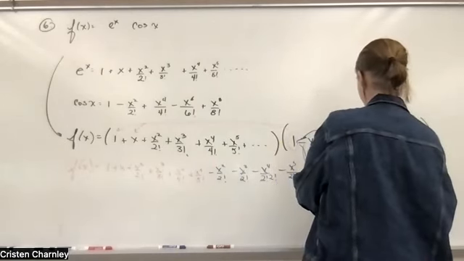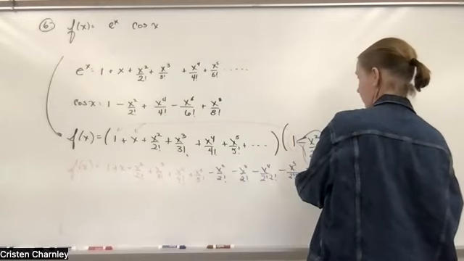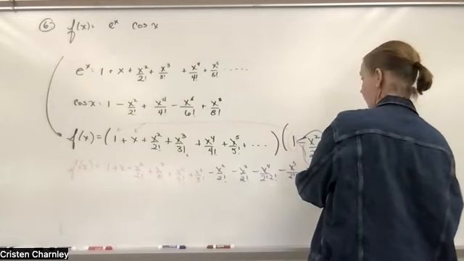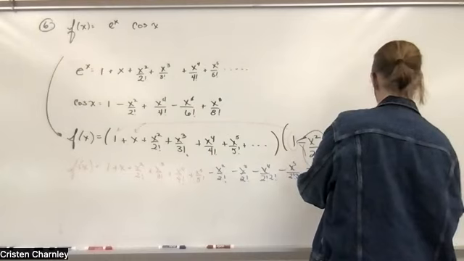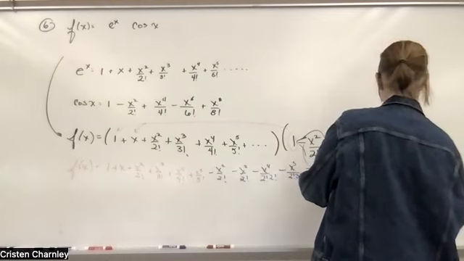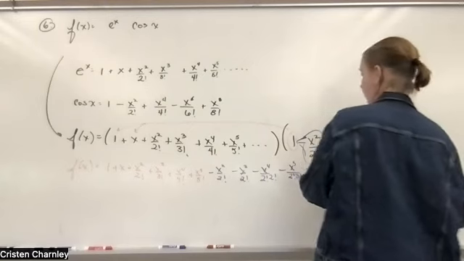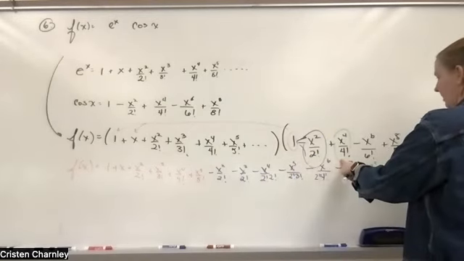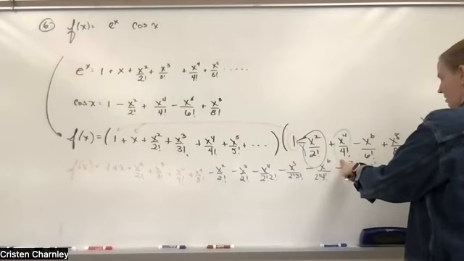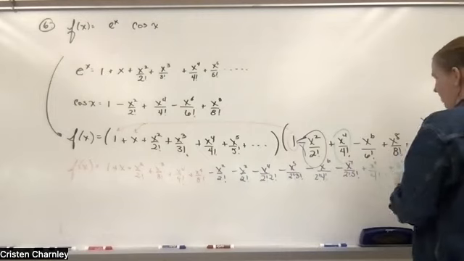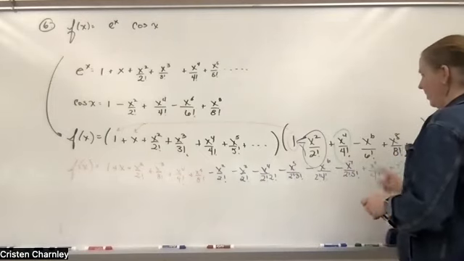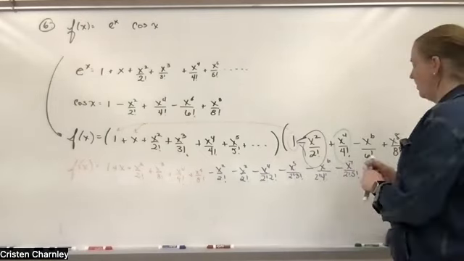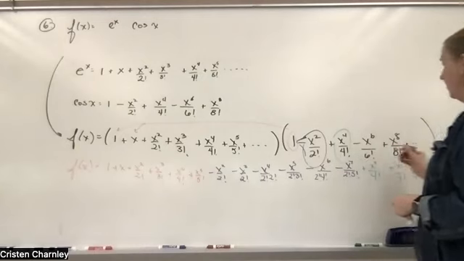So plus x to the 4th over 4 factorial plus x to the 5th over 4 factorial plus x to the 6th over 2 and 7. And if I multiply by x to the sixth, the lowest power I'm gonna wind up with is an x to the sixth. I don't think we're gonna need that.